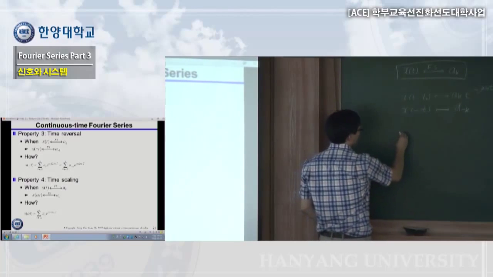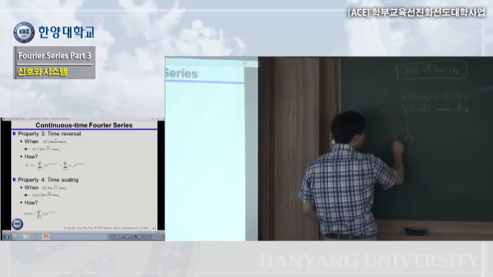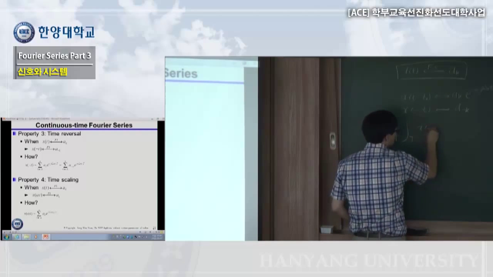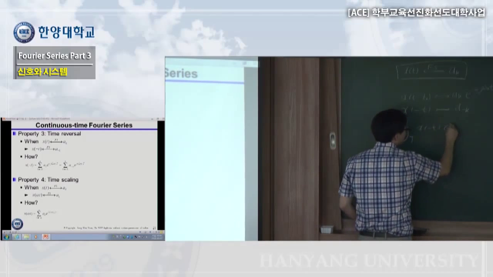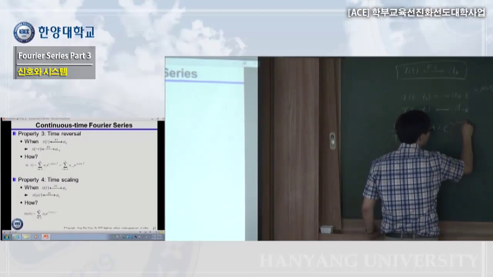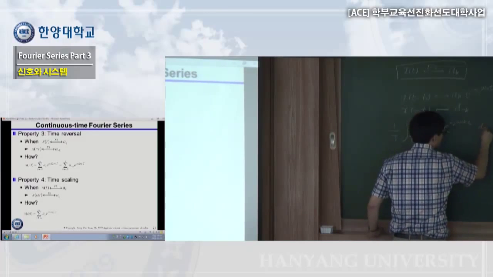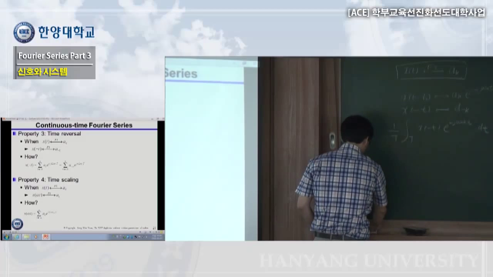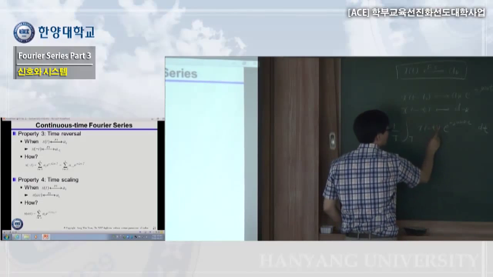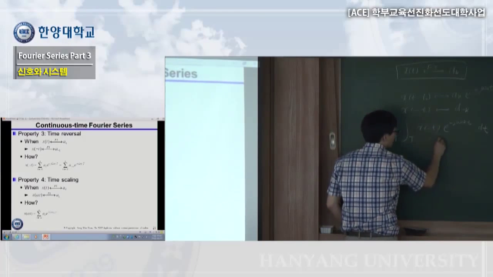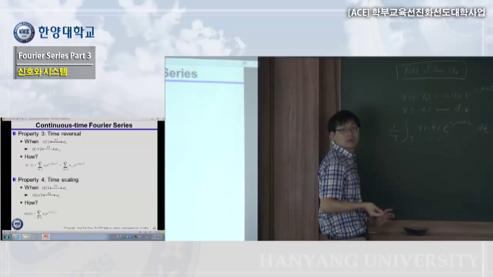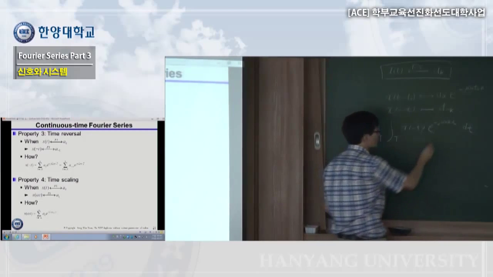How do you solve it? We put again x of minus t times exponential minus j omega 0 kt dt, and let's assume minus t equals tau, and this one becomes what?